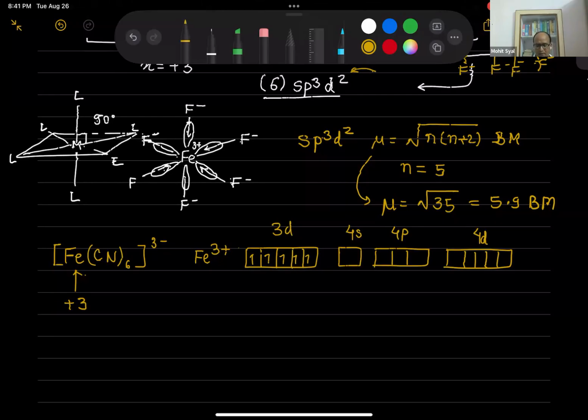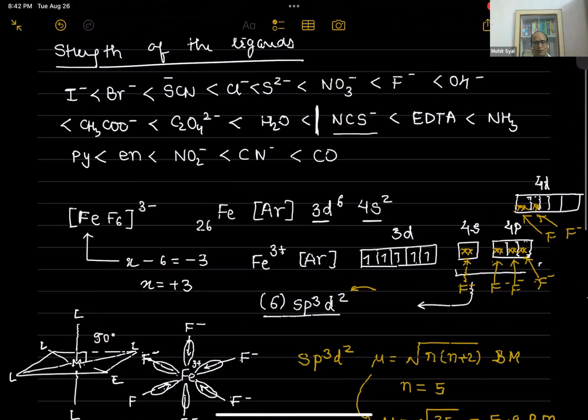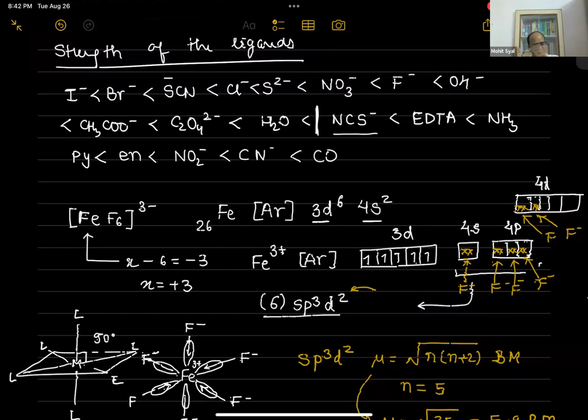Now we have 6 CN minus ligands. What kind of ligands are CN minus? Have a look at this strong ligands: NO2, CN, CO. They are strong ligands. And what will they try to do? Strong ligands will try to push the unpaired electrons inside and pair them up, if there is a possibility of pairing.